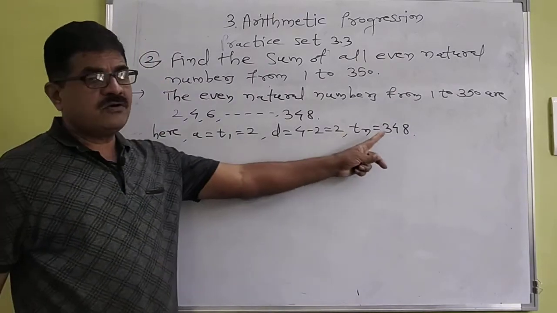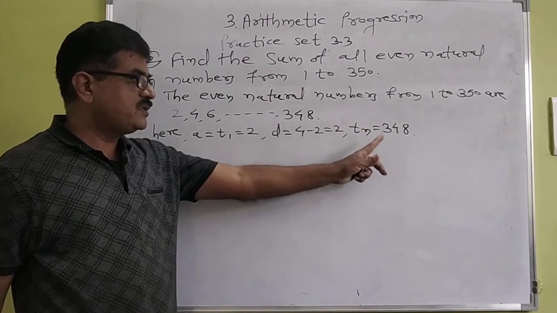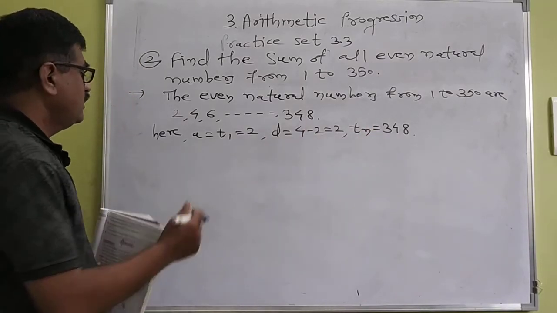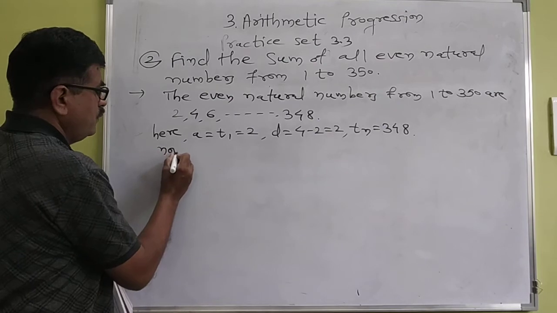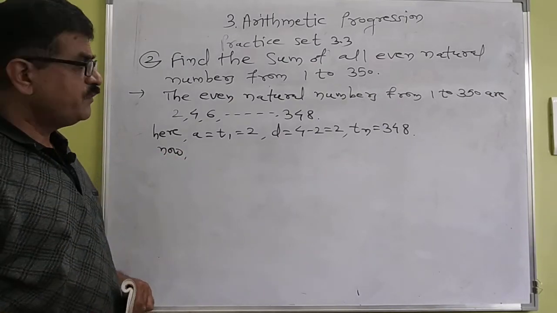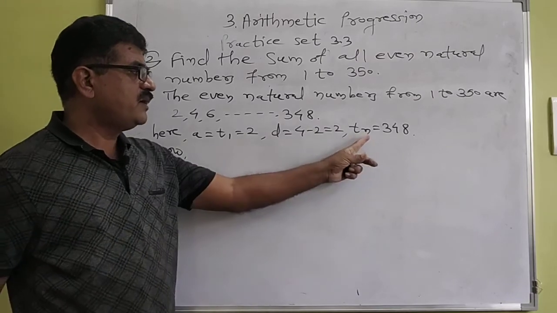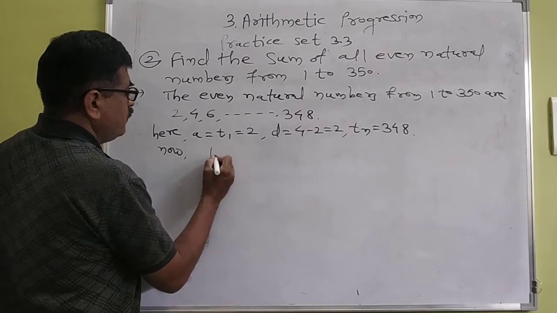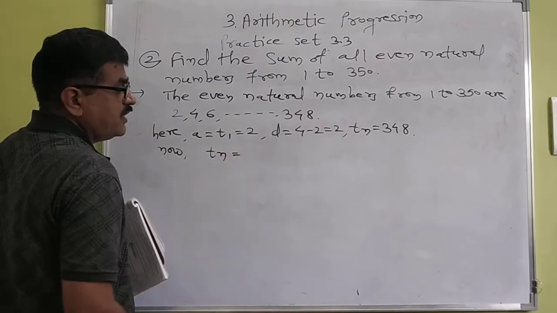We have been given the value of Tn, therefore first we have to find the value of n, and then the sum of n terms. Now write down the formula for Tn.